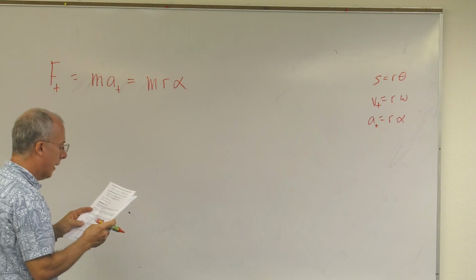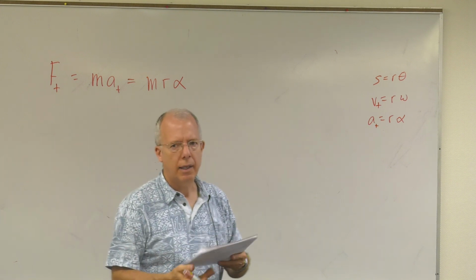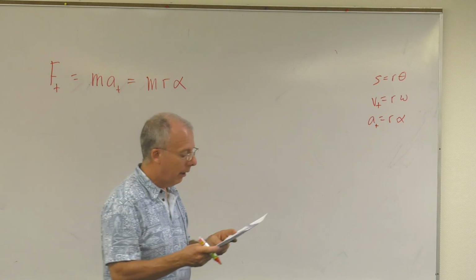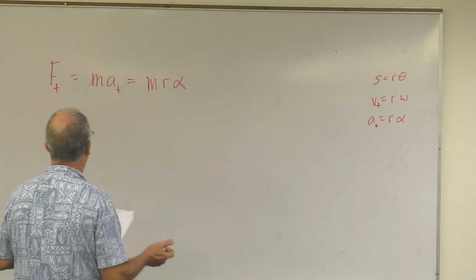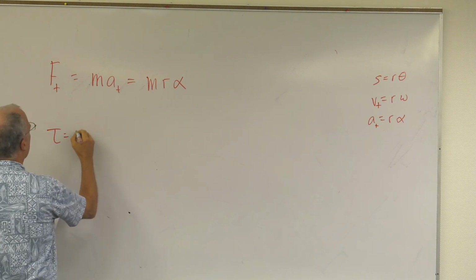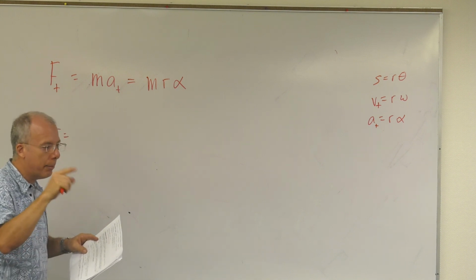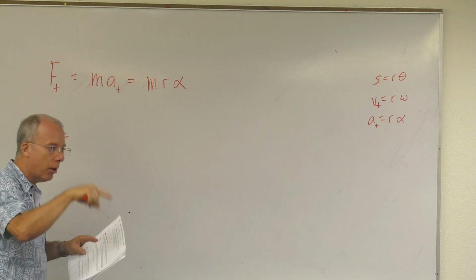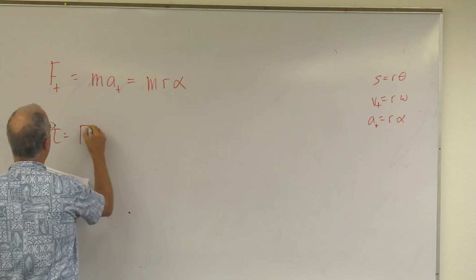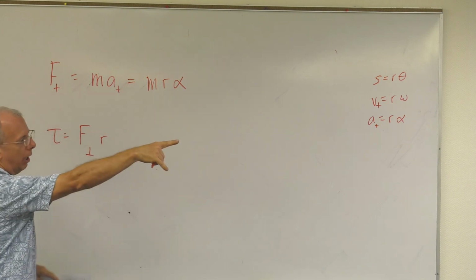Now, instead of using linear things like forces, let's use rotational variables like torque. It kind of makes sense, right? So what's the equation for torque? Well, torque equals F perp r. We can say F r perp, or F perp r, whatever. So let's say F perp r. Now what is F perp?